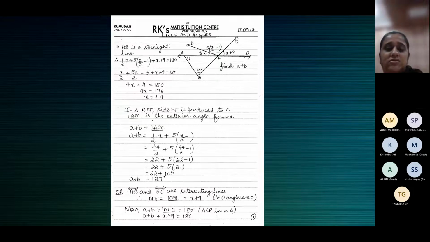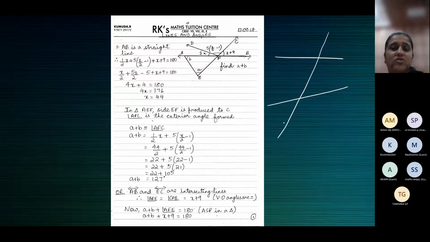Fine. So see here, children, we're just recalling, we have already learned what parallel lines are. So we already know that when two lines are intersected by a transversal, there are 8 angles formed around the transversal.